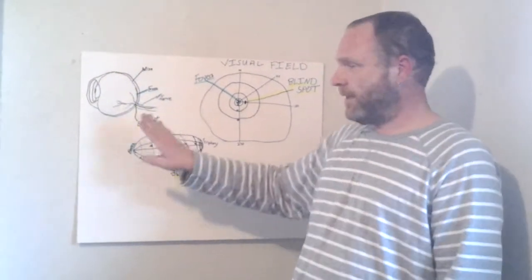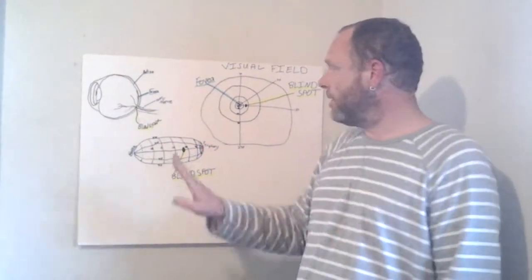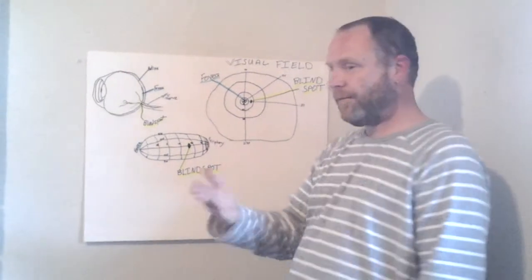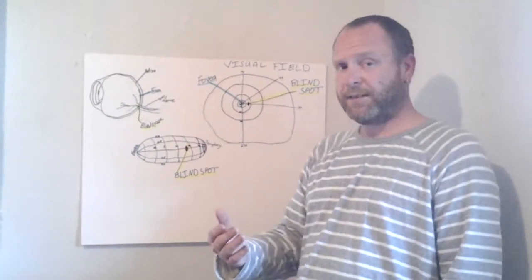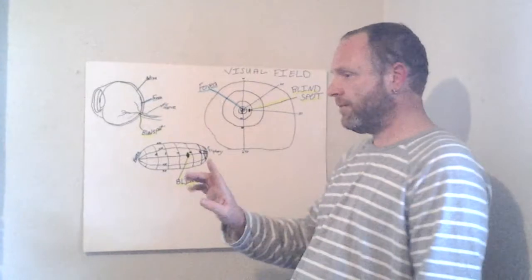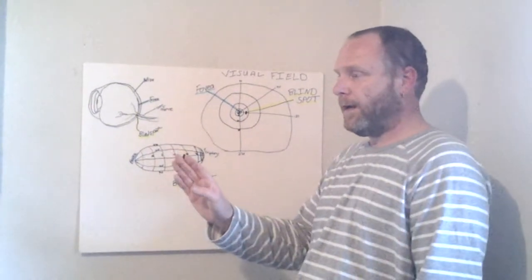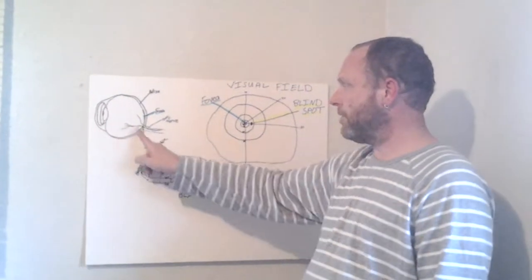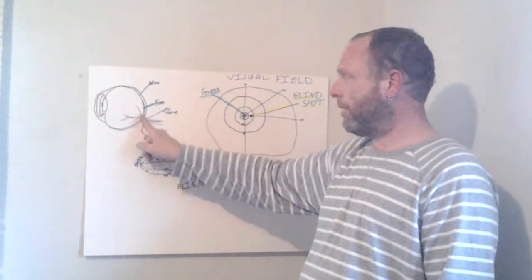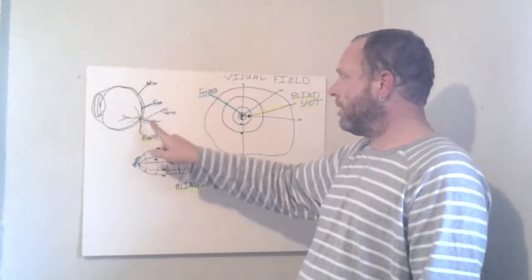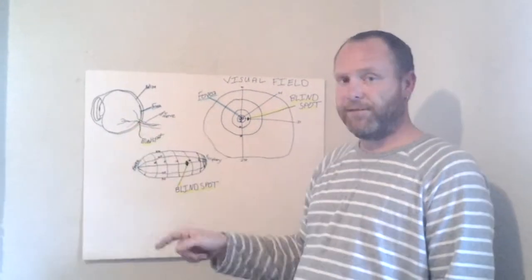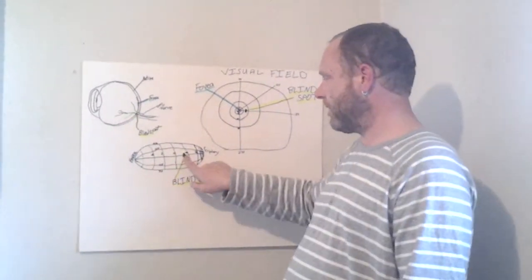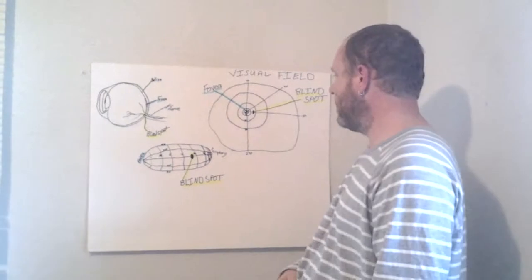Filling in is where, like for everyone, if they closed one of their eyes and were able to focus on a spot and there was an object that was transmitted to the optic disc area, there would be an absence of information getting through to the visual cortex, the blind spot here.